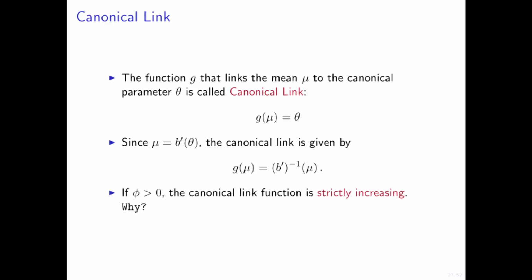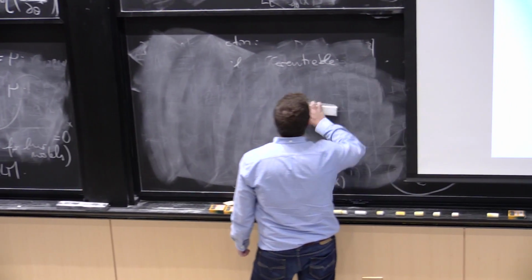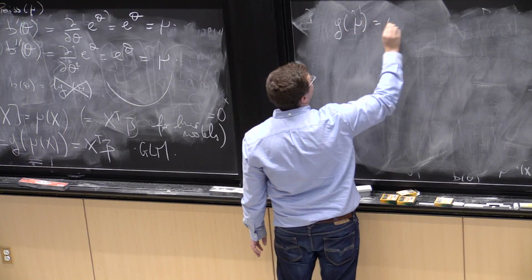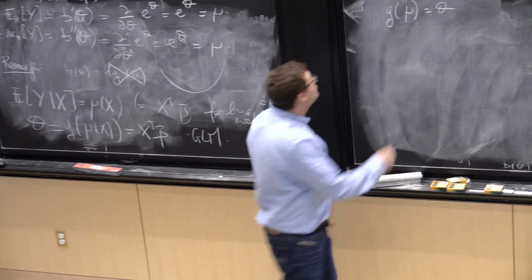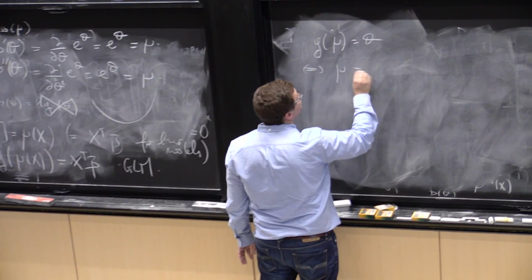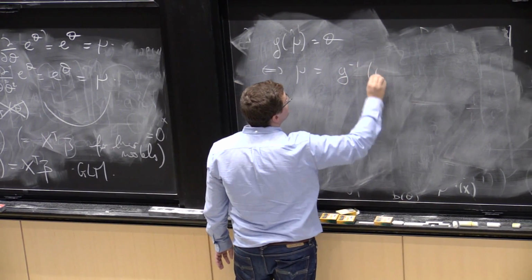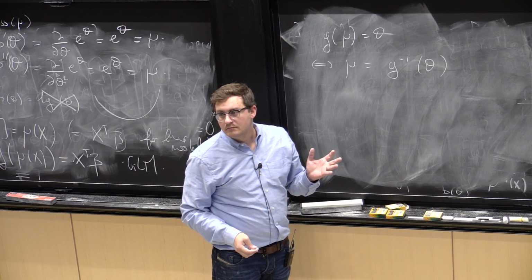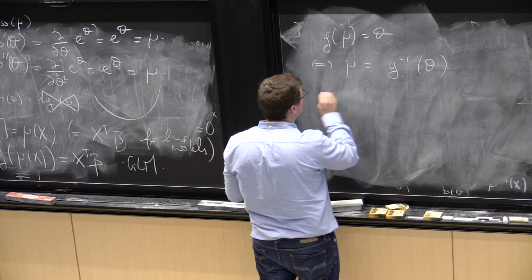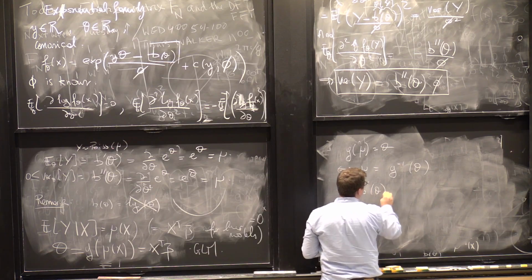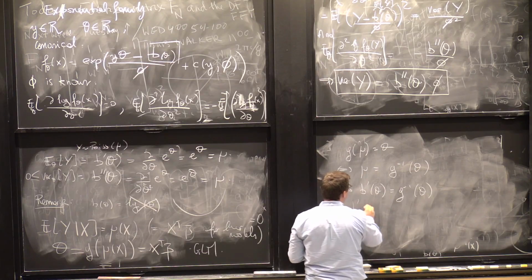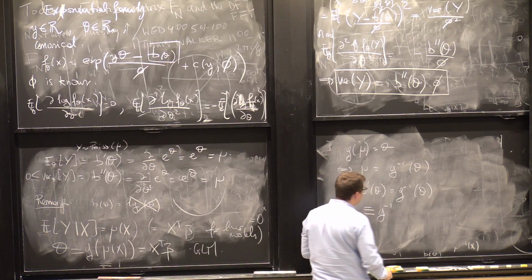So now I want g of mu to be equal to theta, which is equivalent to saying that I want mu to be equal to g inverse of theta. But we know that mu is b prime of theta. So that means that b prime is the same function as g inverse.